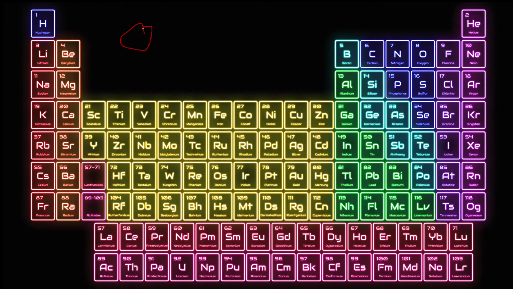If this is a nucleus and these are the electrons, if the electrons are further away from the nucleus, that means it has a higher screening effect. However, if the nucleus is very near to the valence electrons, the atom has the smallest screening effect. So beryllium has the smallest screening effect in group 2, because it is the smallest.